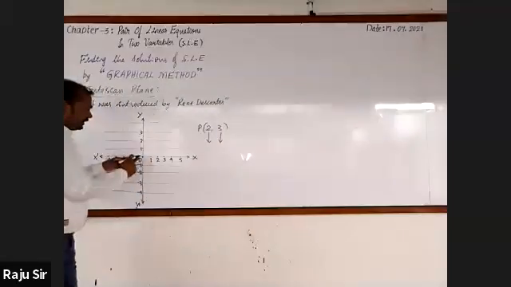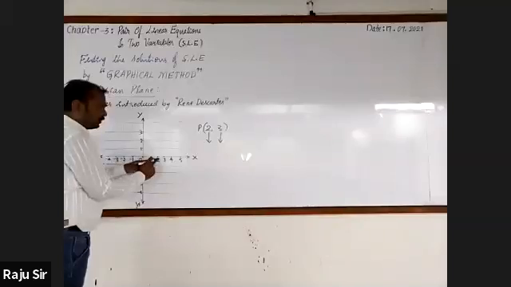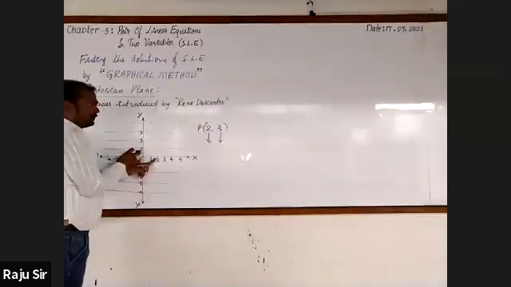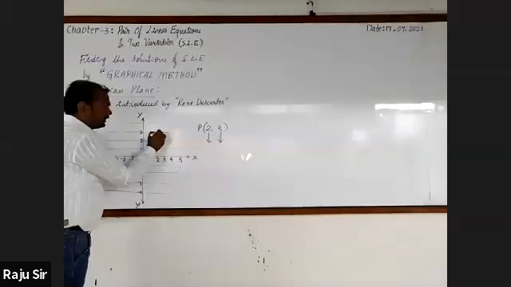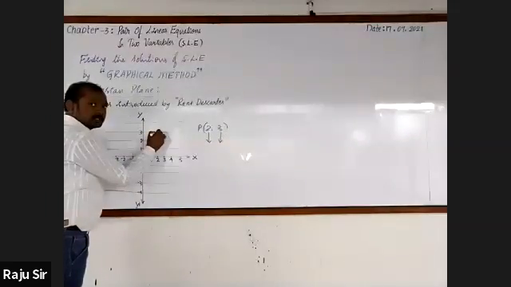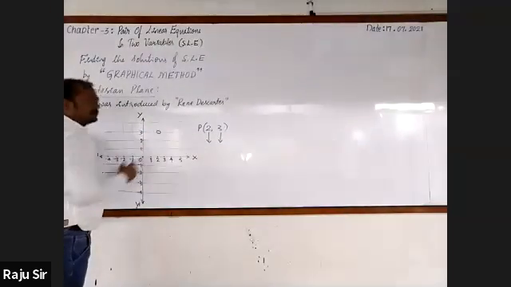So 2, 3. First, here plus 2 and plus 3. Here we have 2 on x-axis and plus 3 on y-axis. And these two will intersect at this point. To locate this point, I am putting a dot, then you have to encircle it.